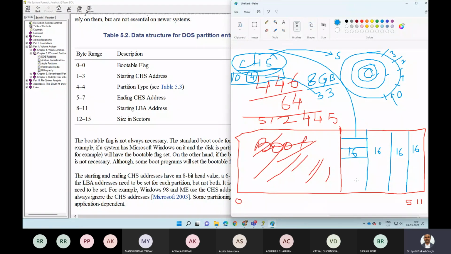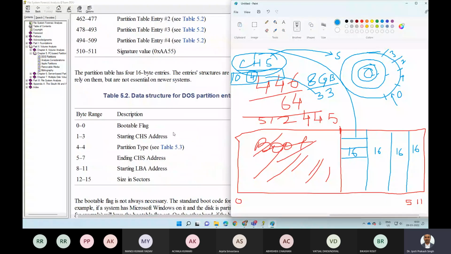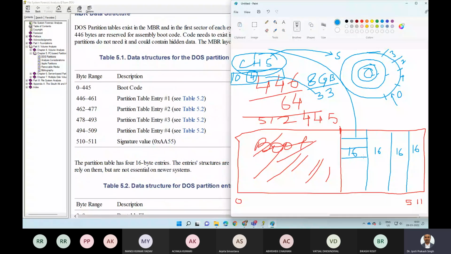This 16 will be for the first partition, this is for the second, third, and fourth partition. So for every partition, we will have 16-byte entries like this. And if you look at the whole 512, this is how it looks. Starting from 0 to 445, as I told, we will have the boot code.